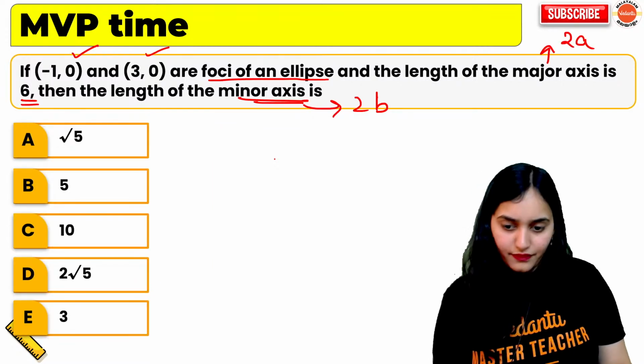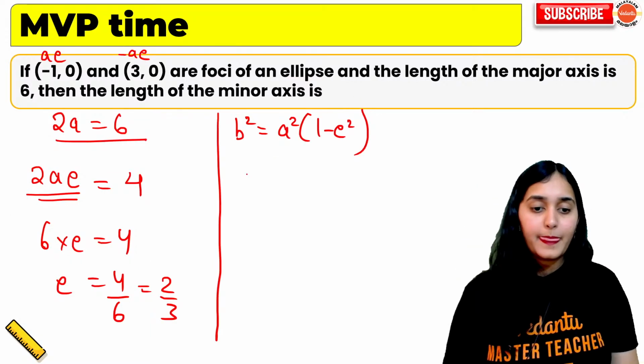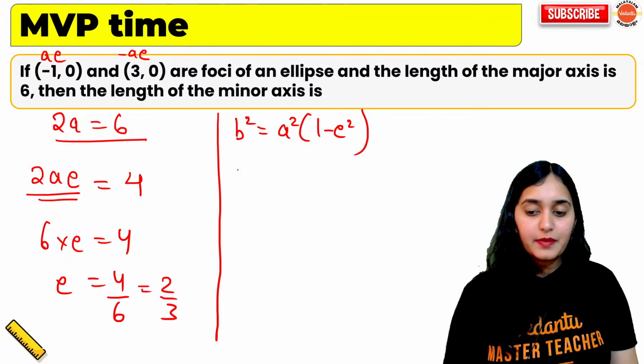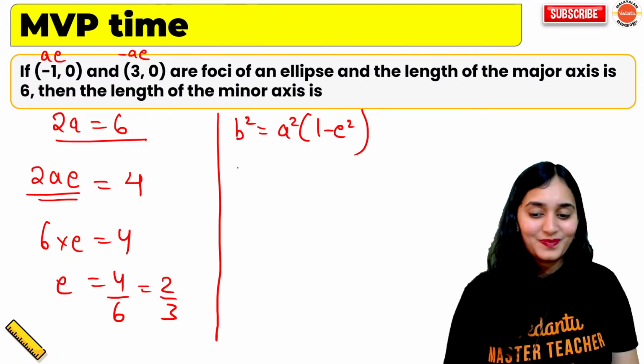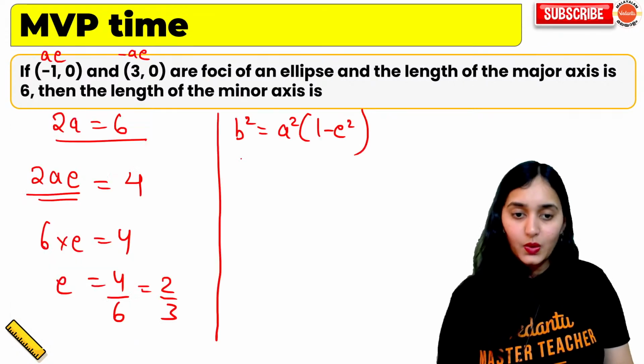Neha is getting 5. Okay. Let others also solve it. Come on, quickly. Last chance. Krishna is saying option D. Okay.